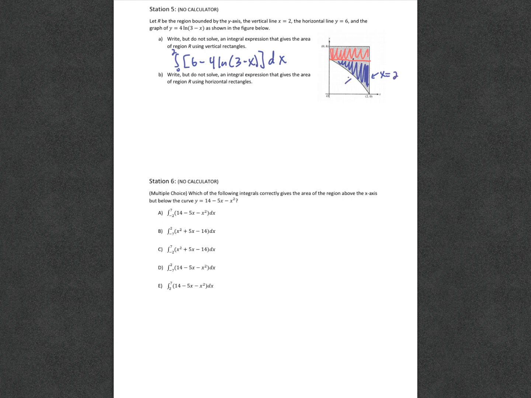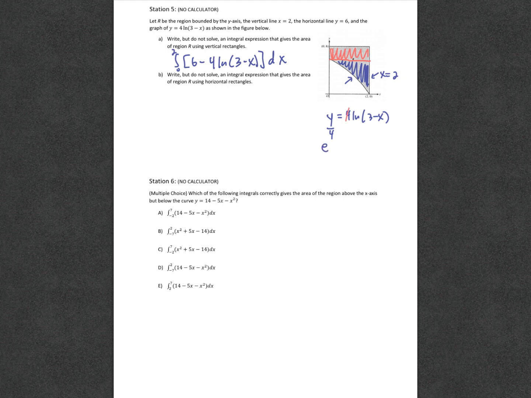And then this left function, we'll have to solve for it. So we know the function starts out y equals 4 ln(3 minus x). We'll have to solve this for x. So we have to divide by 4, and that'll cancel out that 4.